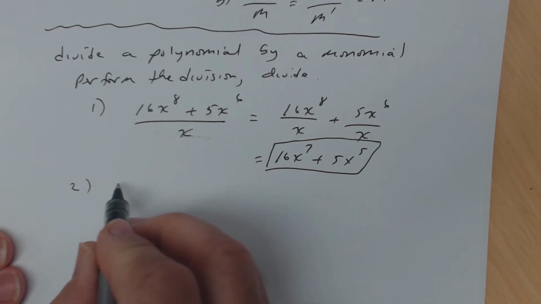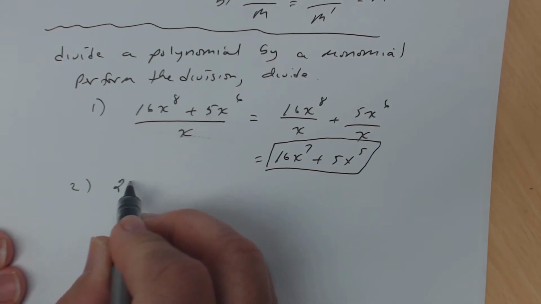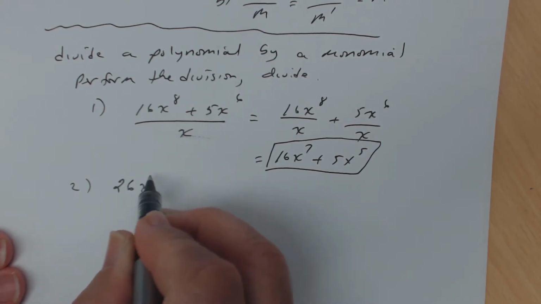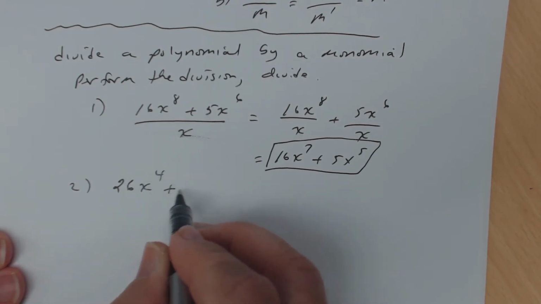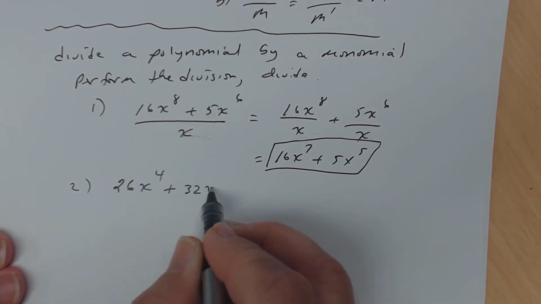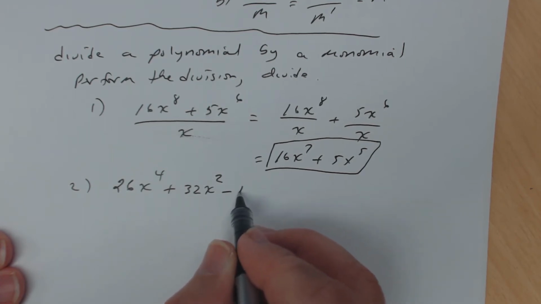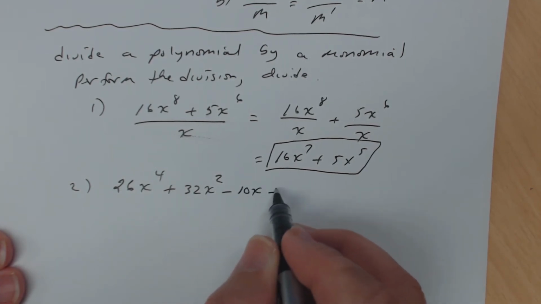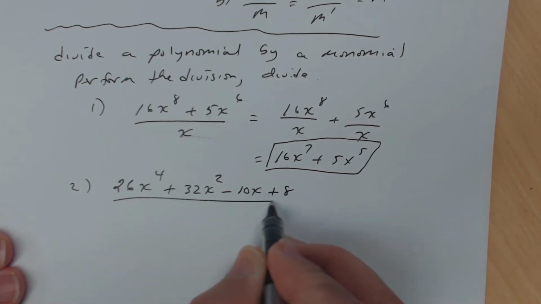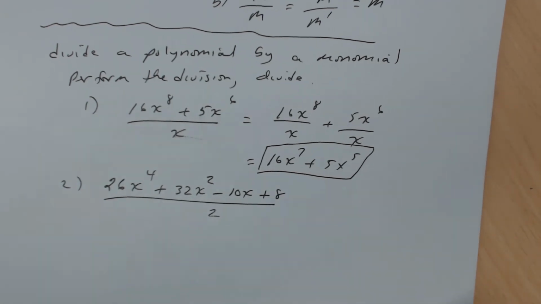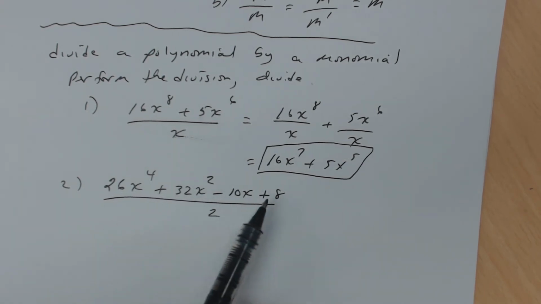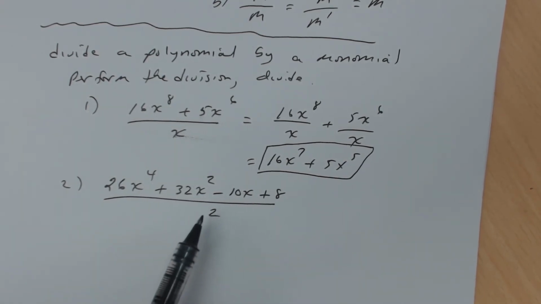Now, number 2. Suppose we had 26x to the 4th power plus 32x to the 2nd minus 10x plus 8 divided by 2. All right. So again, I'm dividing a polynomial by a monomial.